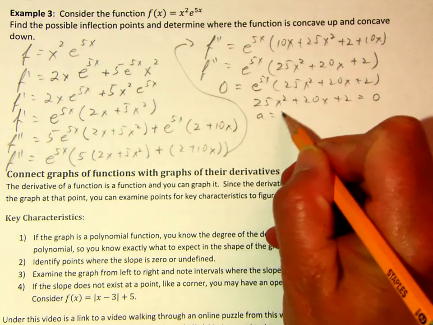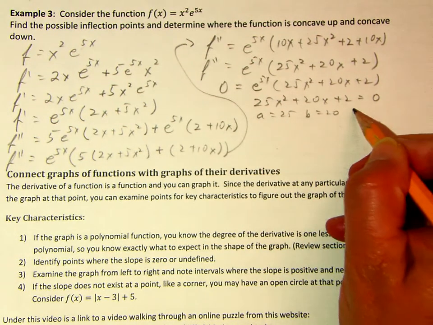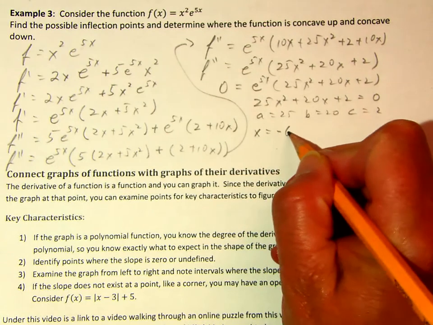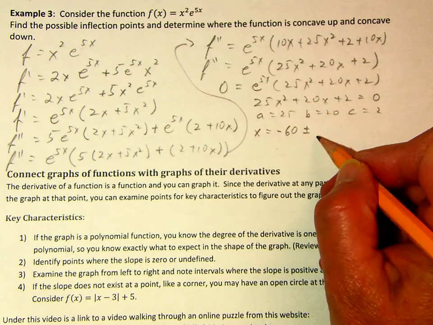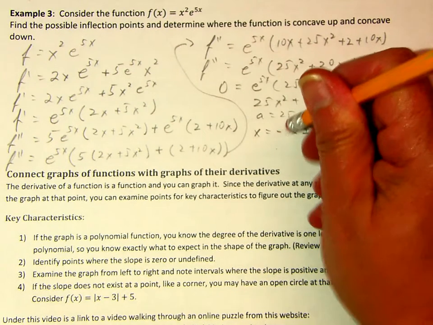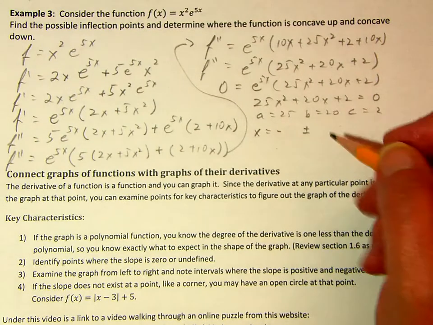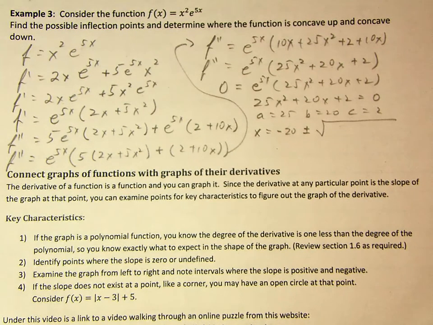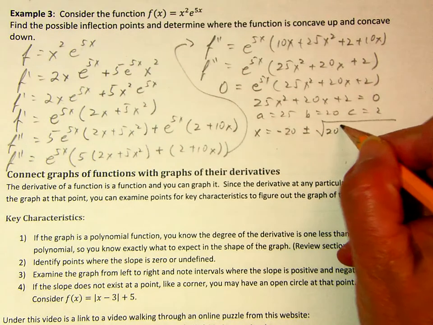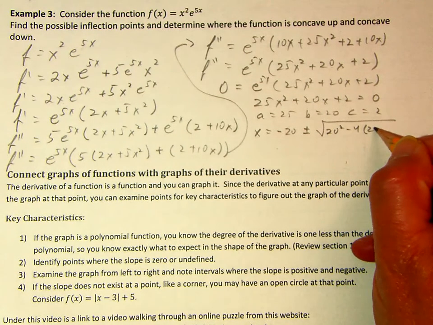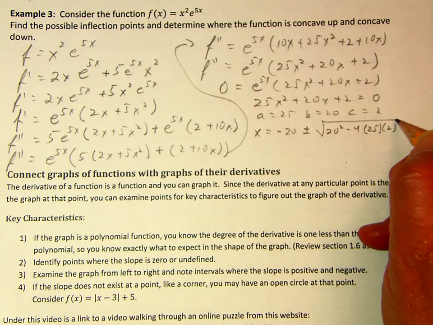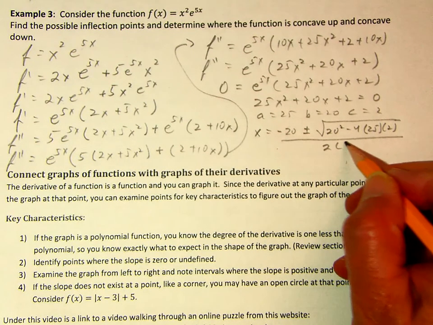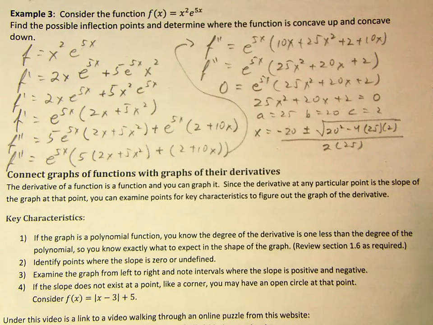So my a is 25, my b is 20, my c is 2, and so x would be negative 20 plus or minus the square root of 20 squared minus 4 times 25 times 2, all over 2 times 25.